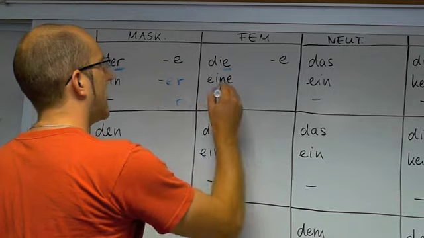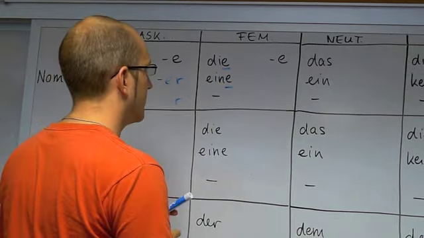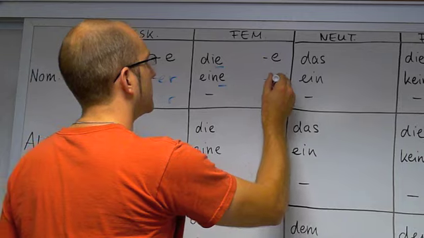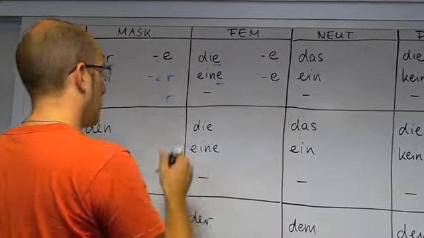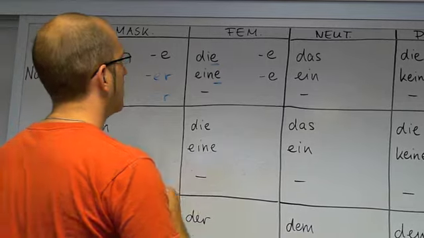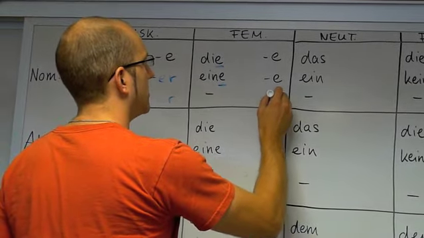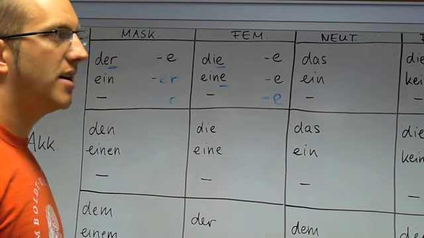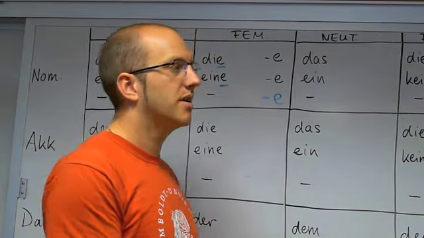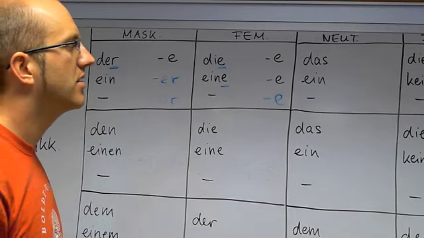The same goes for eine. The strong ending is there. We're going to put in a weak e. And if there's no article, we're lacking the strong one. But that strong ending for feminine, as you can tell from the previous chart, is e.